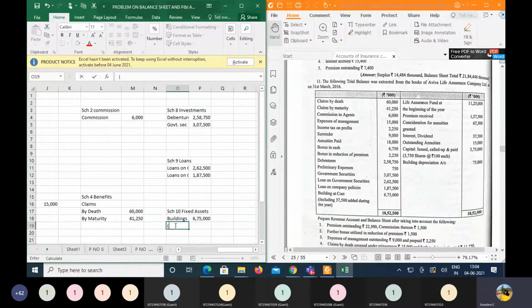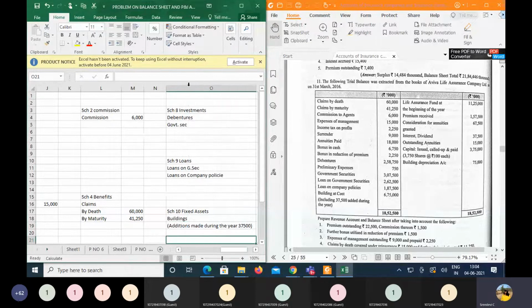So if you want, you can just put it as a disclosure. Okay, additions made during the year forms as a note to the accounts. Nothing to do. It's only for the sake of information, children.